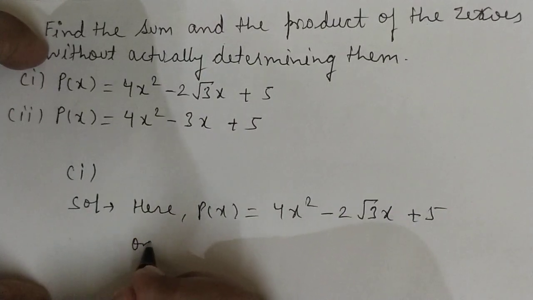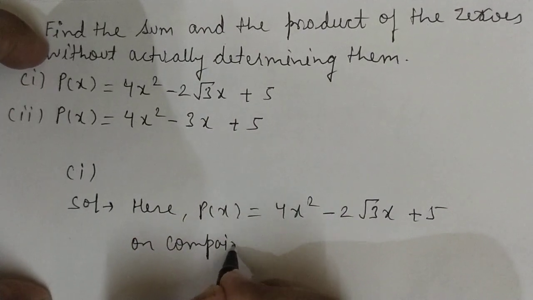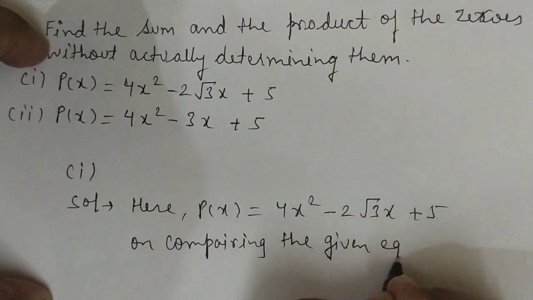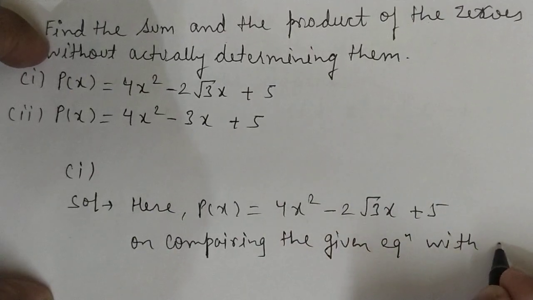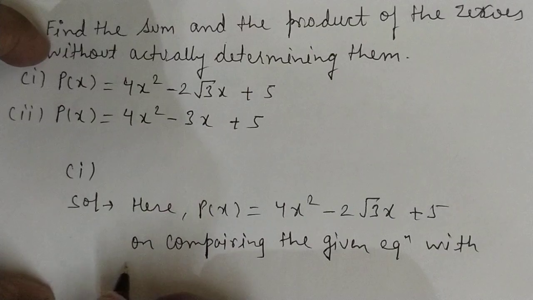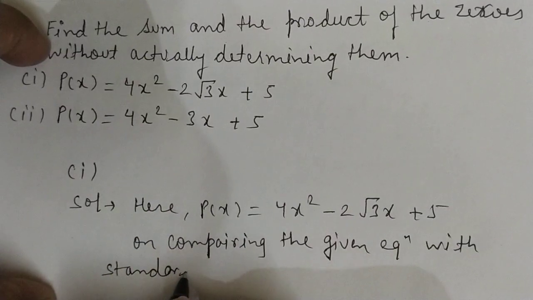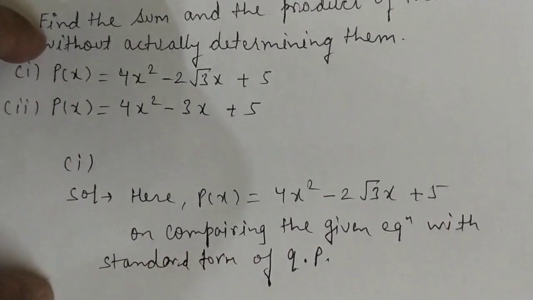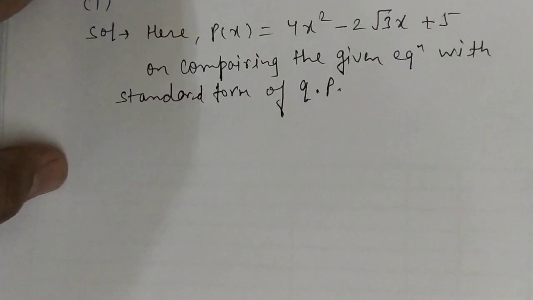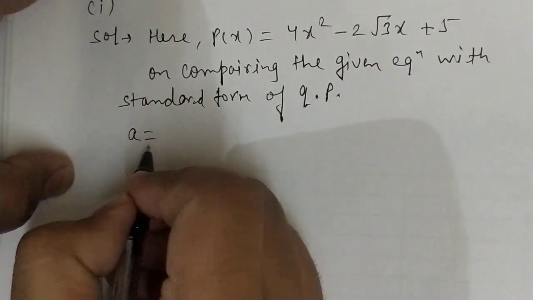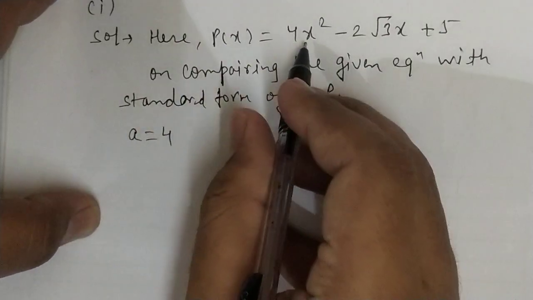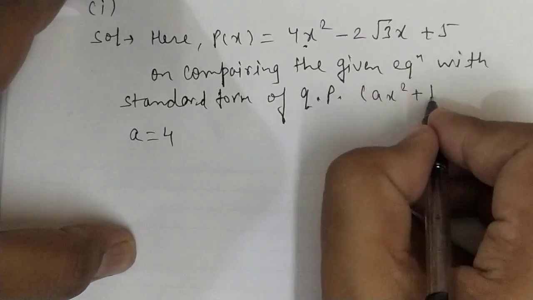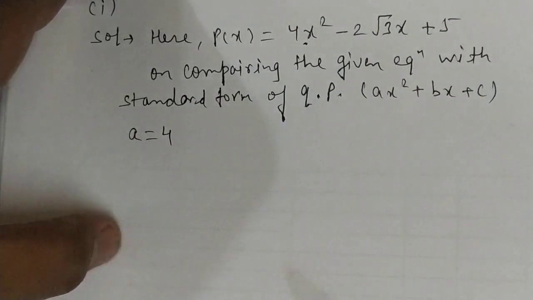On comparing, when you compare this equation with the standard form of the quadratic polynomial, the value of a will be 4 because a is the coefficient of x square. What is the standard form of a quadratic polynomial? I am writing here ax square plus bx plus c. This is the standard form of a quadratic polynomial.